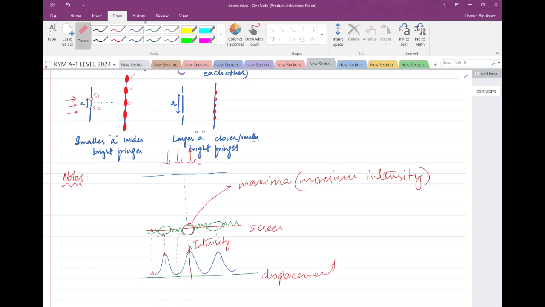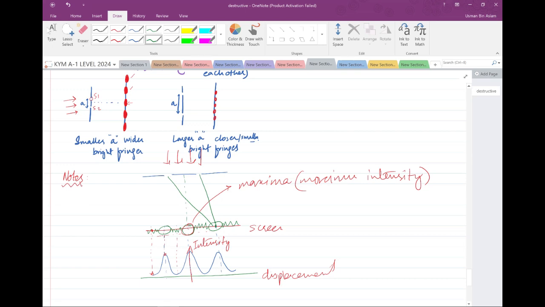But for any other maxima, like for this position or a bright fringe, the wave coming from one of the sources and the wave coming from the other source have traveled a further distance as compared to the central position.